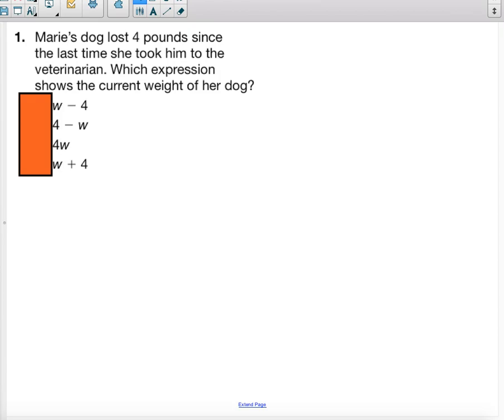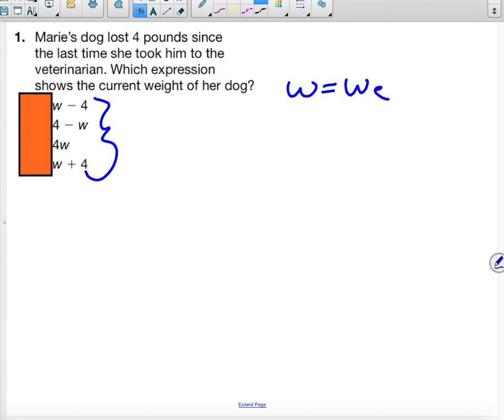Number 1. Marie's dog lost 4 pounds since the last time she took him to the veterinarian. Which expression shows the current weight of her dog? Well, in this set of expressions that they give you, the W is referring to the dog's weight. So that variable is the dog's weight.